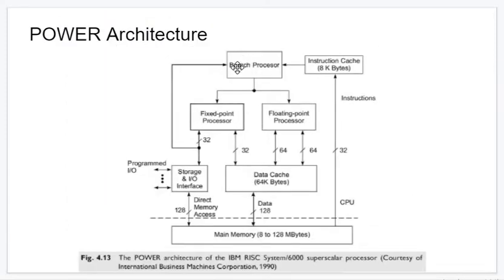If you think of this as a data processor instead of branch, there is fixed point data and floating point data. What do you mean by fixed data? Integer. Floating point data means float type values. So fixed data is taken, the execution is performed, and if you want you can store it in a cache, finally in the main memory.